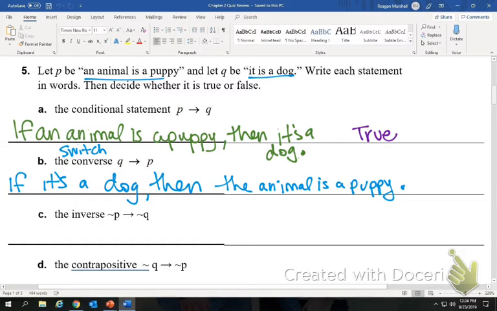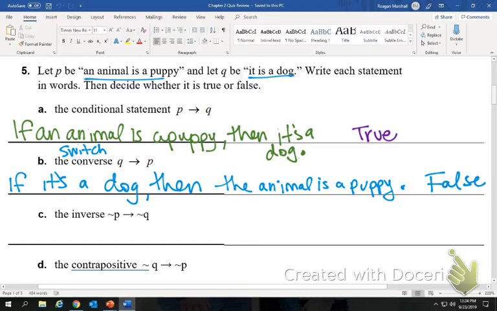You could have all said if an animal is a dog, then it's a puppy. You just need an animal somewhere in there. And then it's just true or false? It's false. How many of you have a dog that's older than 2 years old? Yeah, so still a dog, just not a puppy.